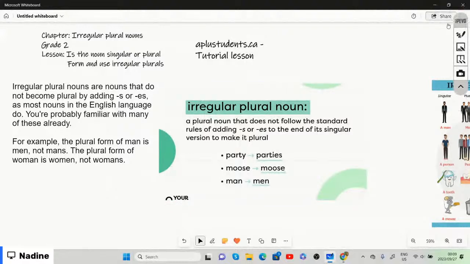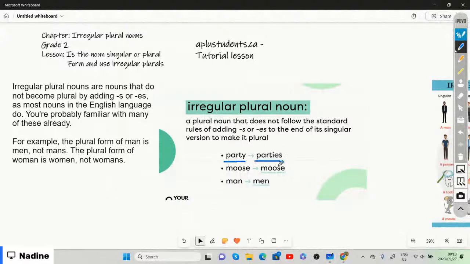And if we look at a few words, party. Party is singular. So I attended one party, only one party. And Jenna organized two parties.